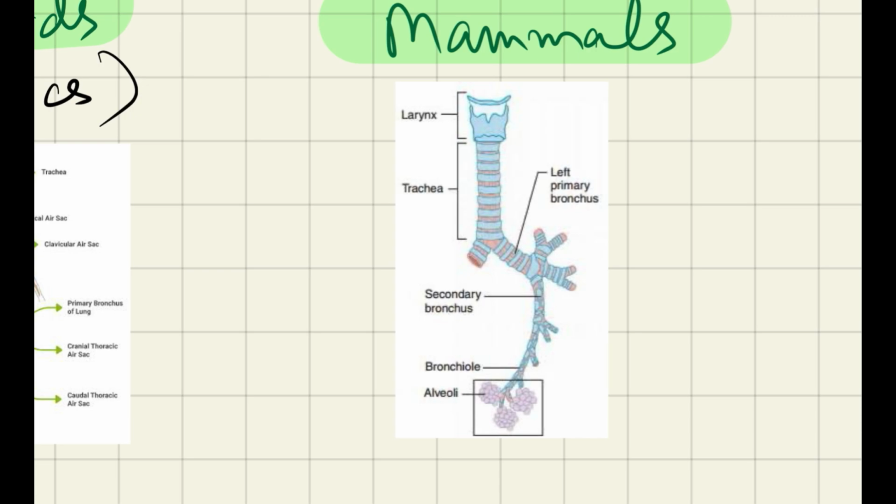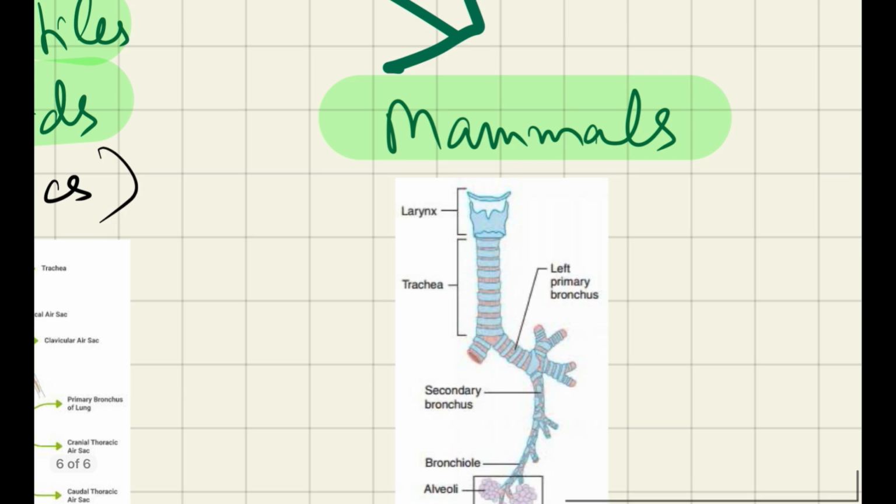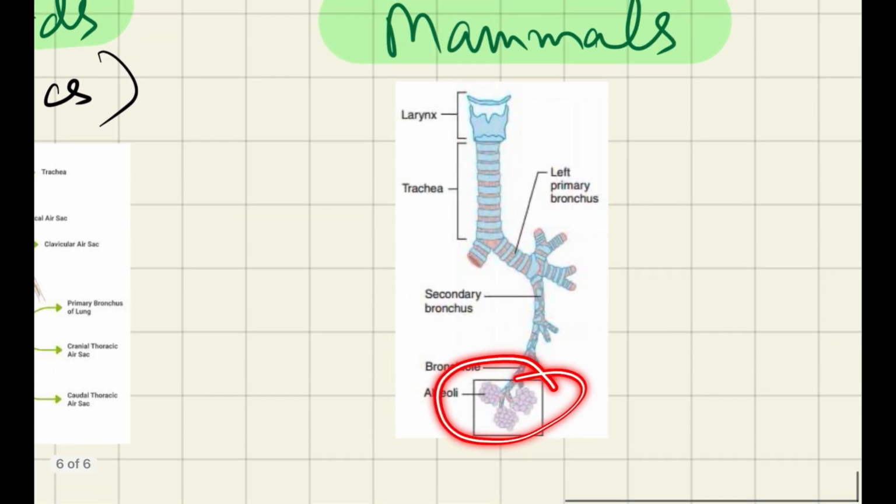These vascularized structures help in the exchange of oxygen and carbon dioxide with the blood itself. Meaning in external and internal respiration, the interface is this alveolar region.